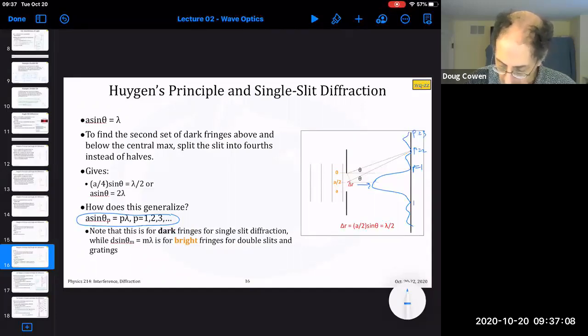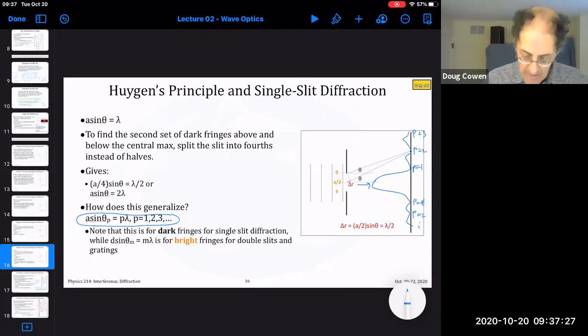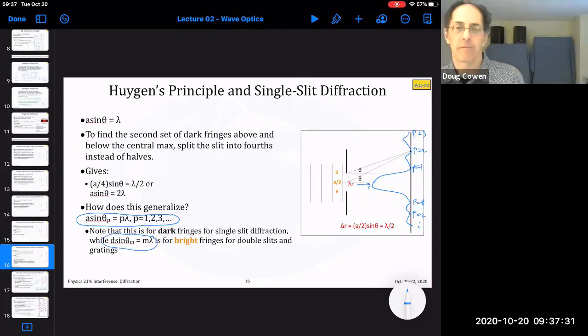And down below, it's symmetrical: P equals 1 here, P equals 2, and so on. Notice that it looks very similar to the expression for two-slit interference, which is d sine theta sub m equals m lambda. But that expression is for bright fringes, for double slits. So be very careful to keep these two separate.